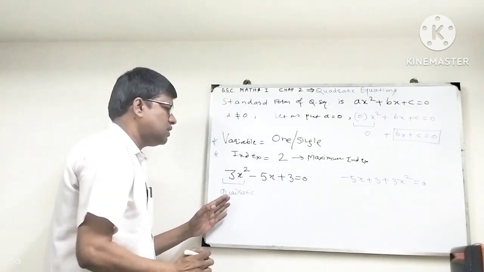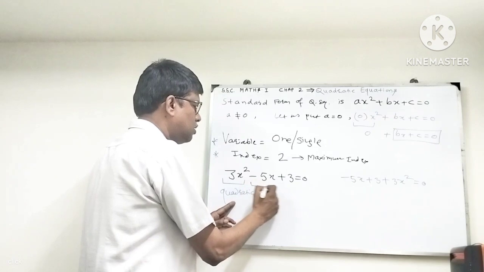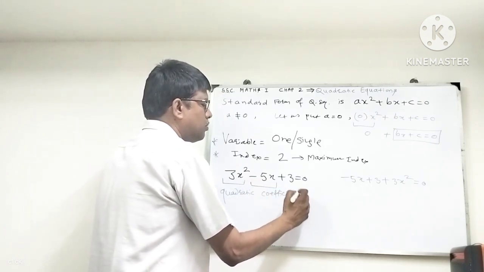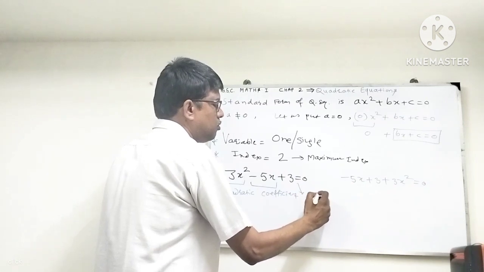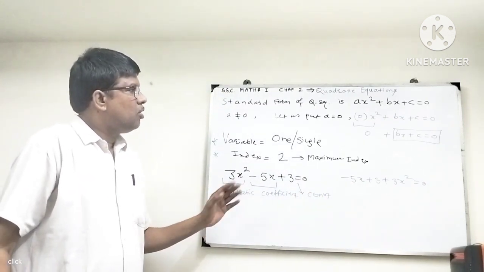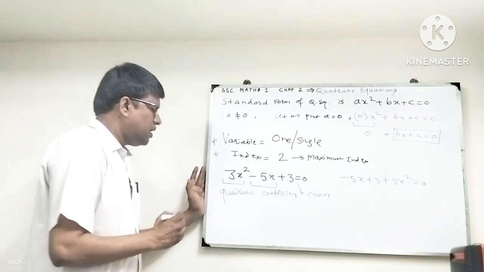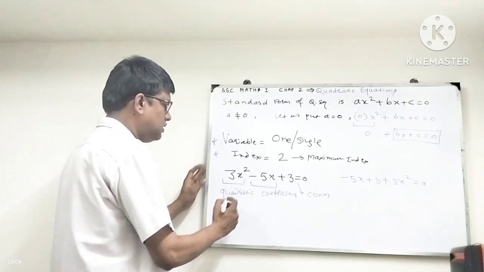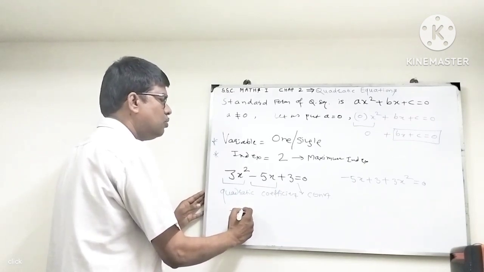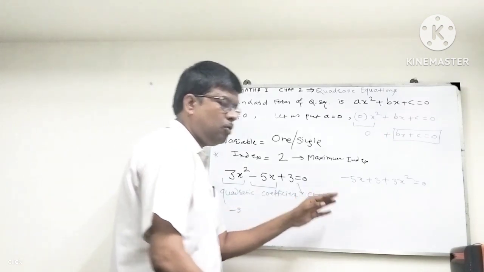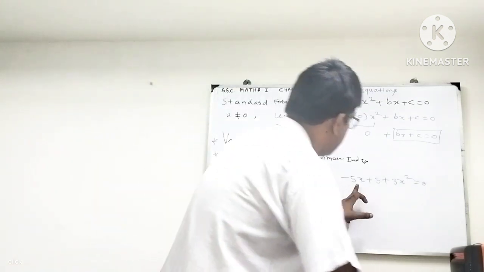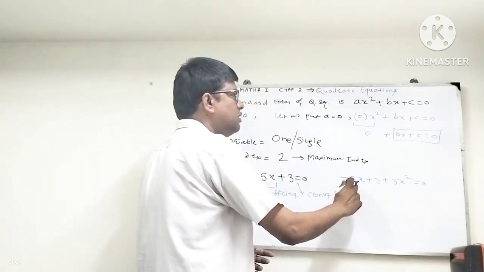You will always say that it is a quadratic term, it is a coefficient term, and this 3 is a constant term. I am clarifying this because sometimes in the examination you are asked to convert the following equation into standard form. If you are given the equation written in blue color, you have to convert it into standard form.